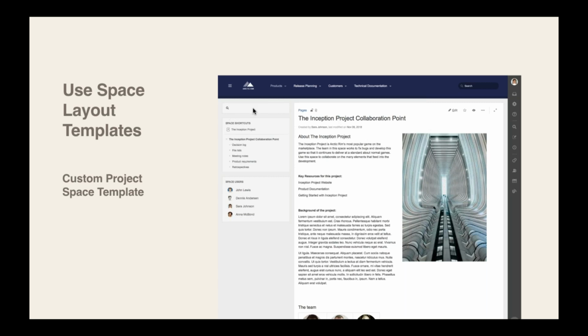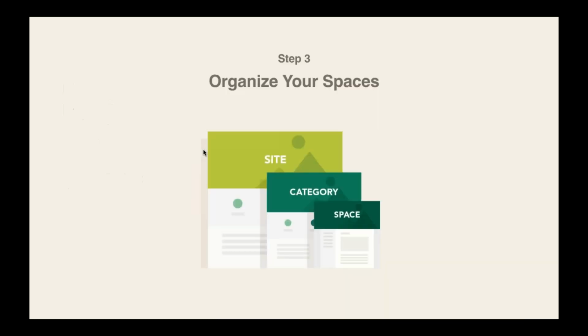So now we've got a search bar there and similar navigation to the others. But yeah, the tip there is to customize your layout so that you're putting what matters most first, and also save that space layout as a template.